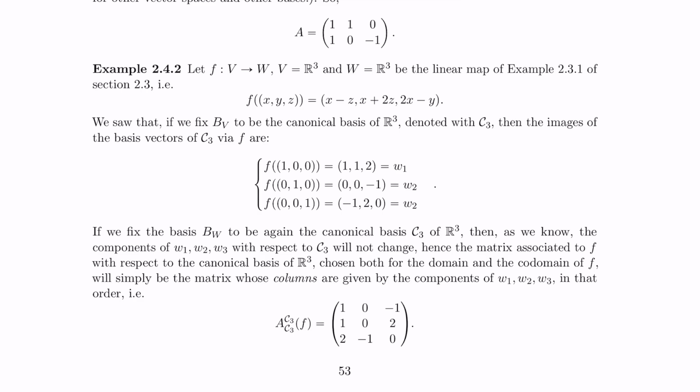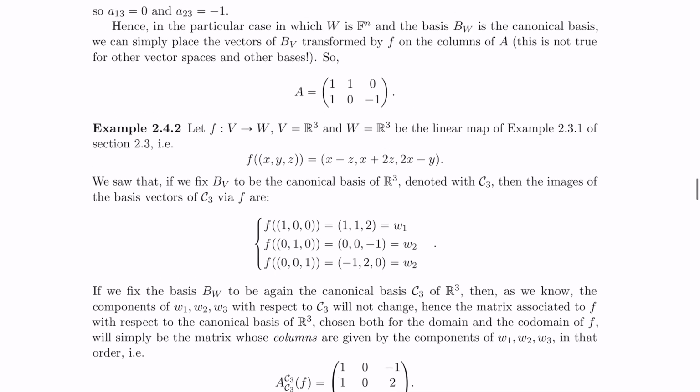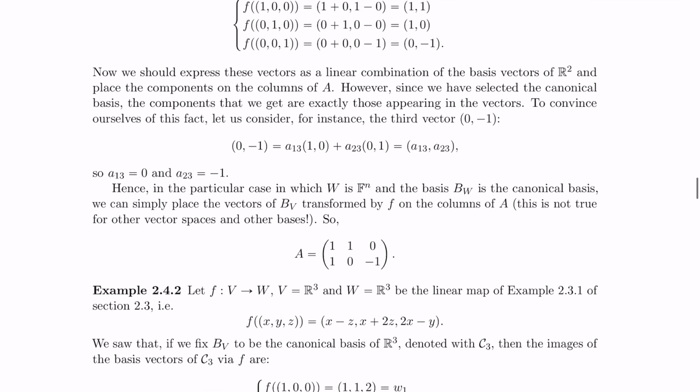The important take-home message of these two examples is the following. If the codomain vector space W of a linear map is Fn and its basis is the canonical one, then we can avoid the last step of the practical method discussed in the previous page and use immediately the basis vectors of V transformed by F as columns for the matrix A. However, pay attention, this is not true if W is not Fn and if BW is not the canonical basis.